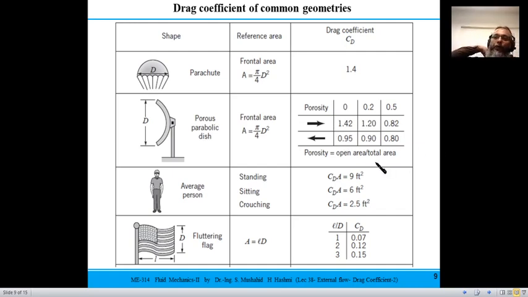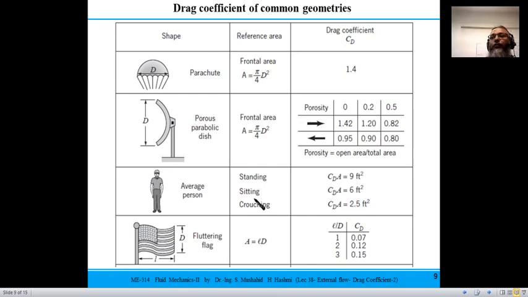And for an average human being in the standing position, your drag coefficient is not given here. Actually the product of drag coefficient and the frontal area is given. So keep in mind, you have to divide by the frontal area in order to know this drag coefficient.